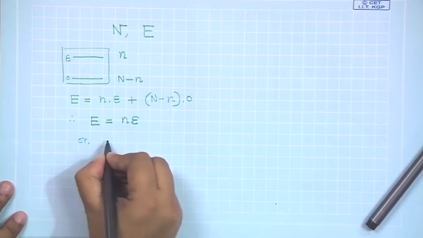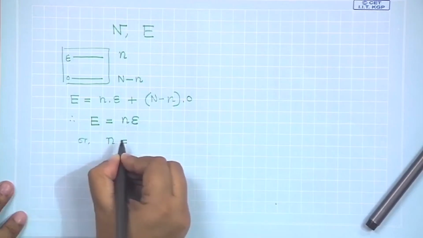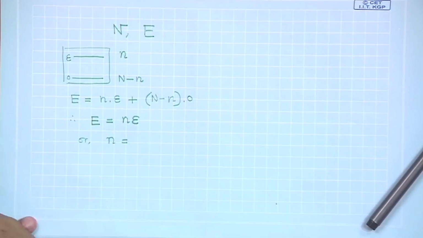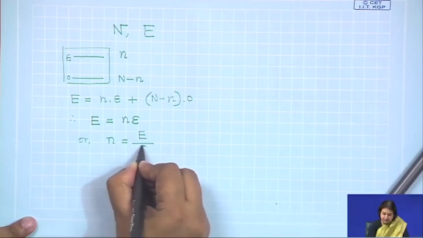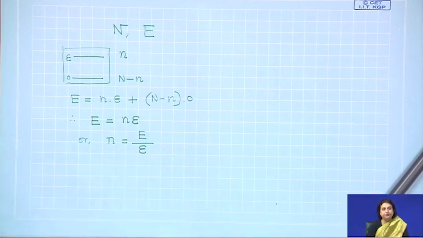In other words, small n, the occupation number of the higher energy state, uniquely describes the different microstates of the system. This is related to the total energy E and epsilon.